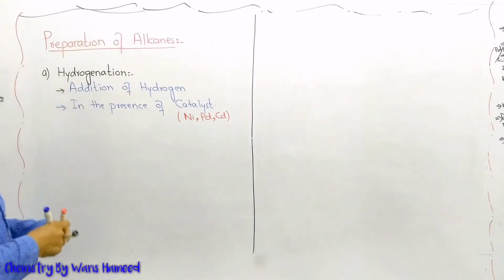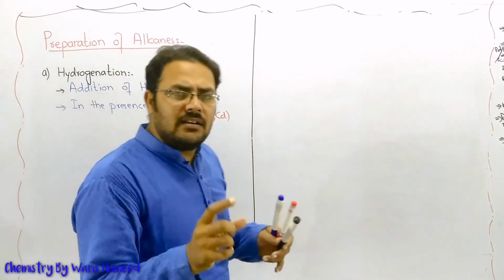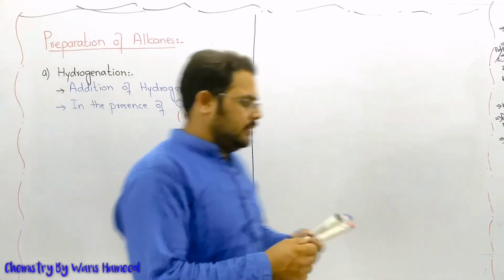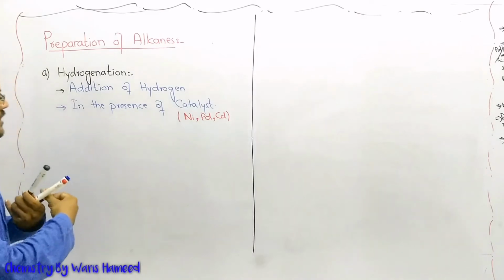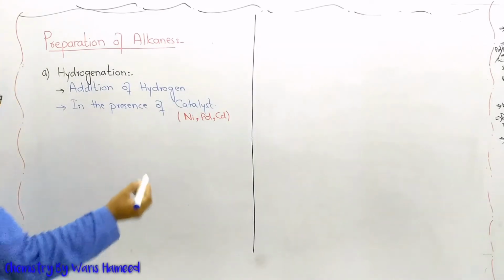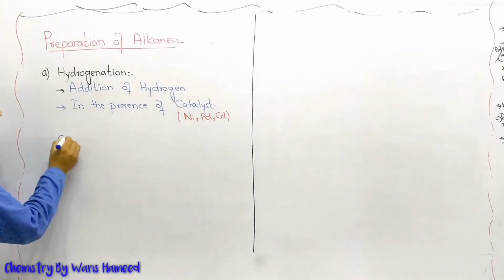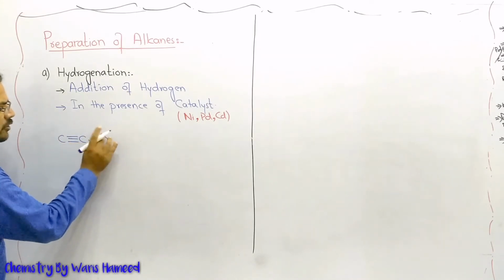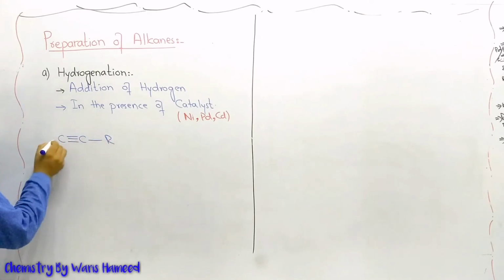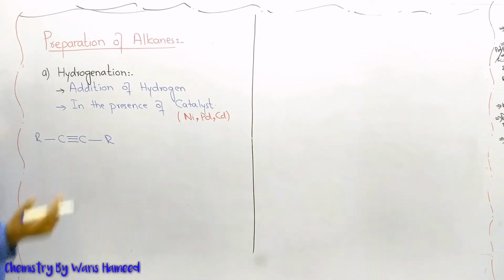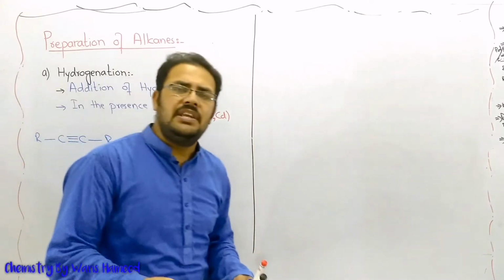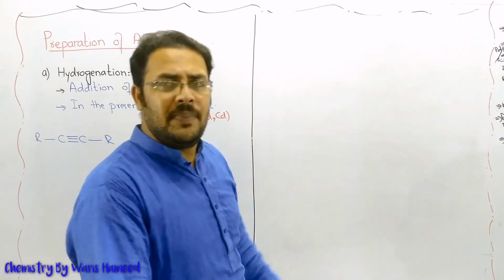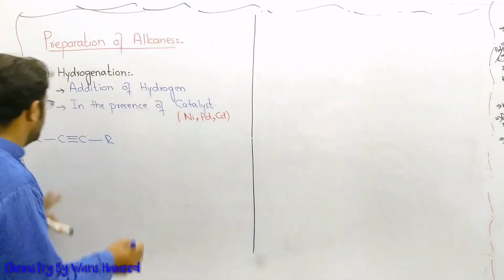In this case we convert alkene or alkyne into alkane. First, I am taking an alkyne, carbon triple bond carbon, with an alkyl group; you can use hydrogen, CH3, CH2, CH3, depending on your choice.